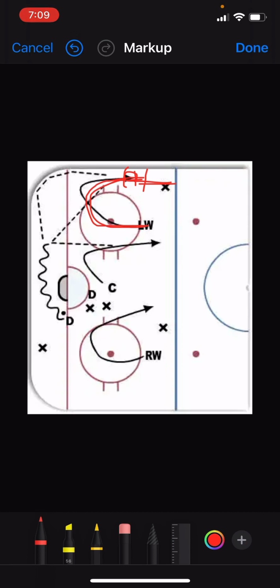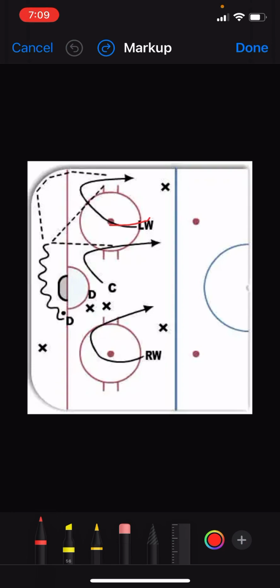Now, let's talk about where we want to be and when, okay? We use the hash marks as another landmark. And you will hear coaches say, just get your butt right on the boards and just stand there. Okay, that makes sense, and there are some plays where we want to do that. But I want to go over the idea of skating your route, and continuously skating your route.